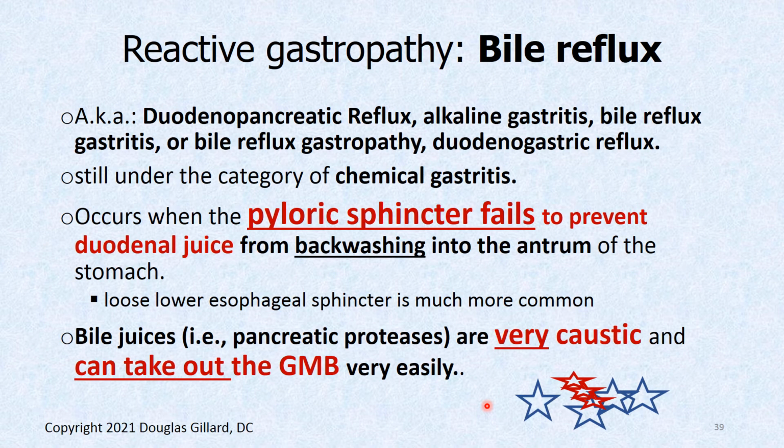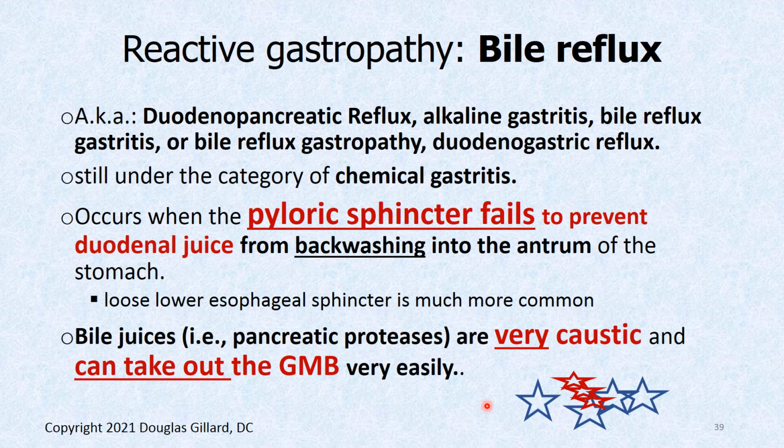Bile reflux. The stomach hates bile. That's why the committee made the pyloric sphincter so darn strong. Bile has to be kept in the duodenum, cannot come back up into the esophagus. There's some AKAs for bile reflux: duodenal pancreatic reflux, alkaline gastritis, because there's also bicarbonate that comes up with the bile, bile reflux gastritis.